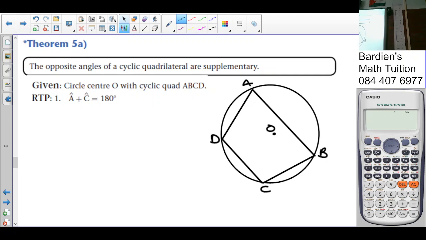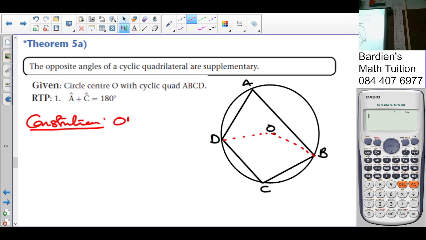So where do we start? As we always start. With A? Nice. So we start with the construction. So we're going to construct DO and OB.